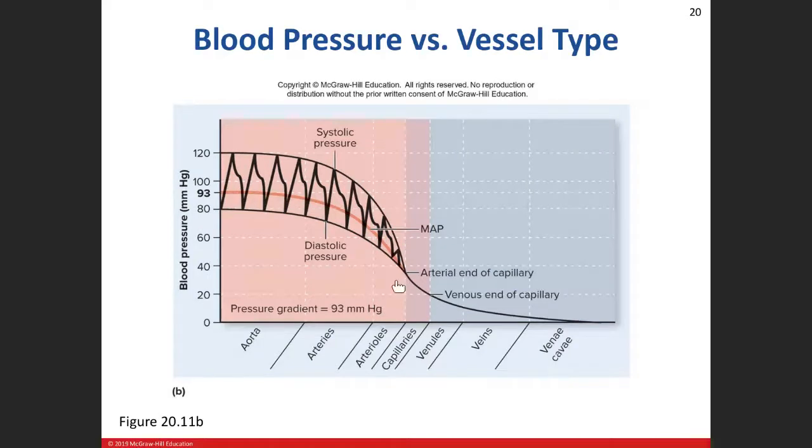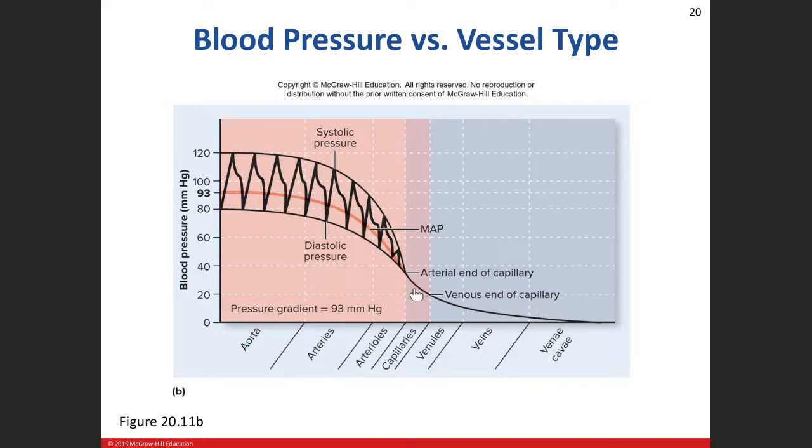The smaller the vessels, the more blood pressure decreases. And then in the capillaries, it decreases more. But by the time we get back to the vena cava, our blood pressure is virtually zero, which is good, because again, we're following that pressure gradient. Blood is going to move from an area of high pressure to low pressure.